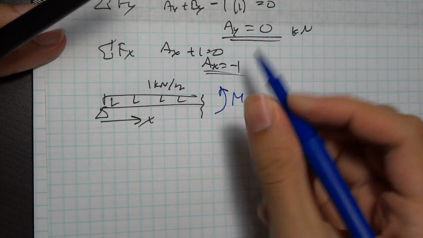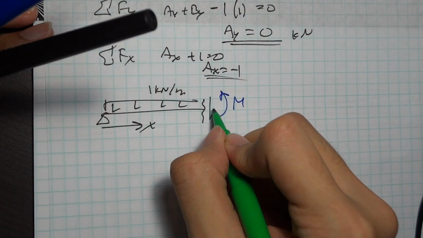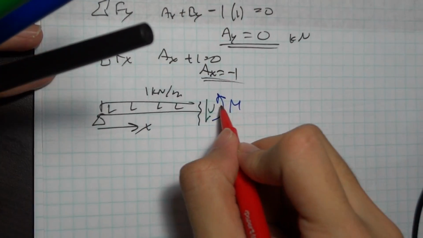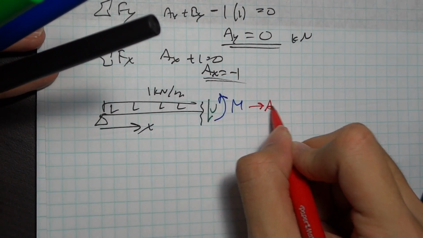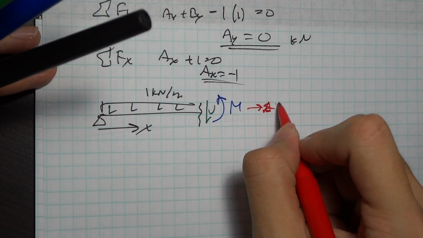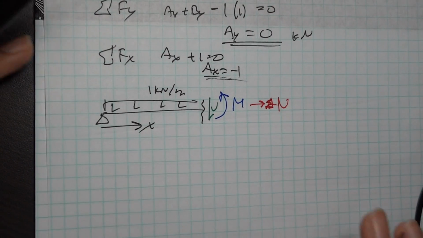We'll call this M, we'll call this V, and we'll call this A. I'll normally call axial A, but I'll call it N here because we already have A.